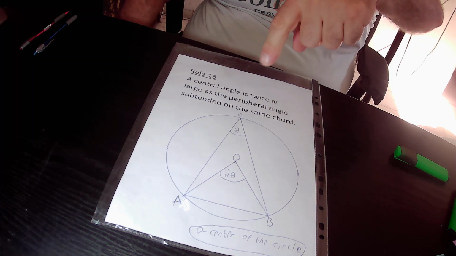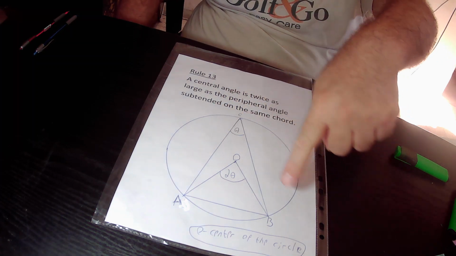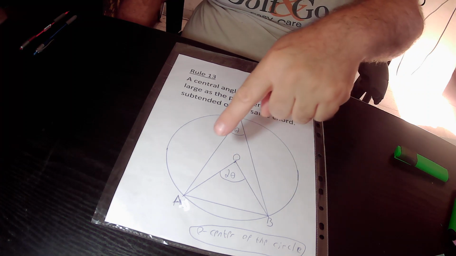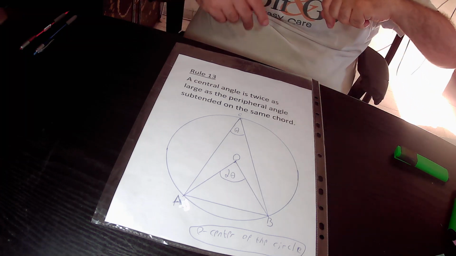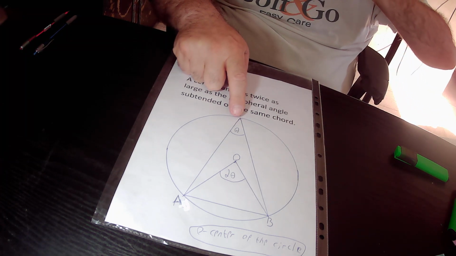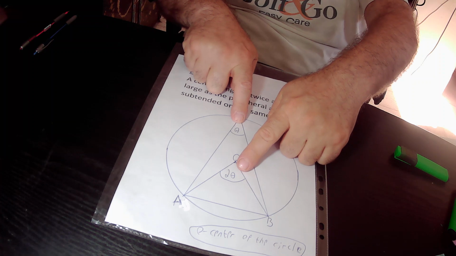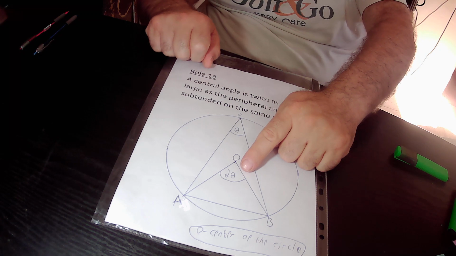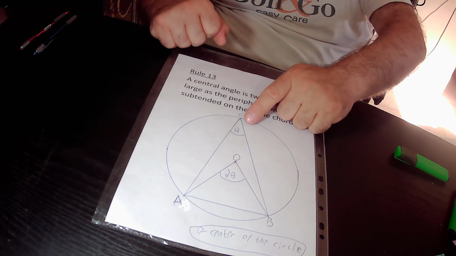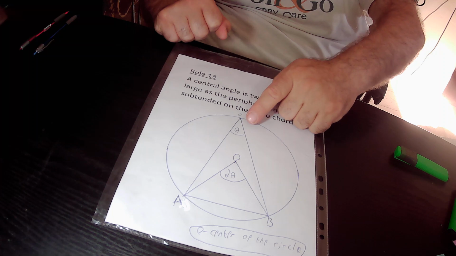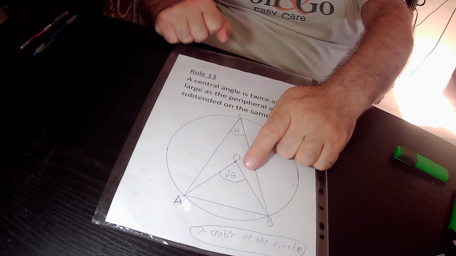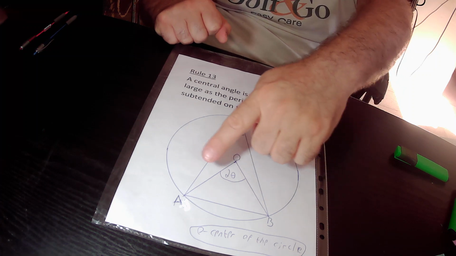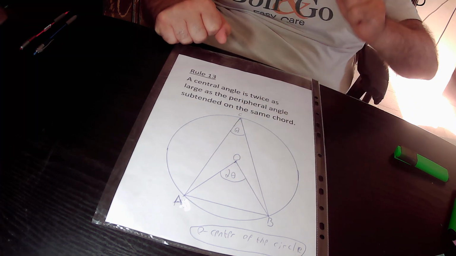In addition, inside this circle we have central angle AOB, which also subtends on the same chord AB, exactly like peripheral angle ACB. Therefore the size of this central angle AOB will be twice as large as peripheral angle ACB, that is 2 theta.